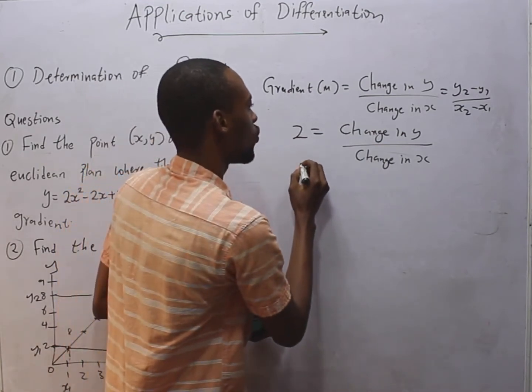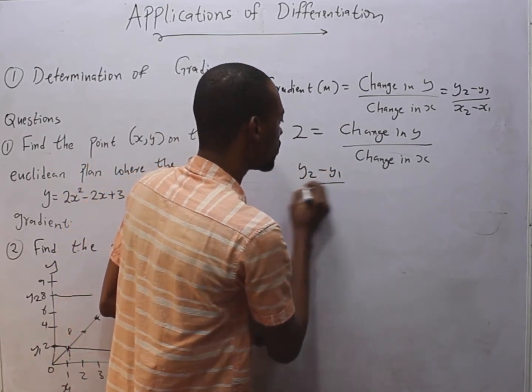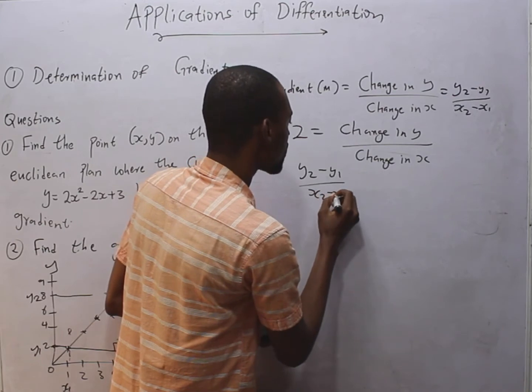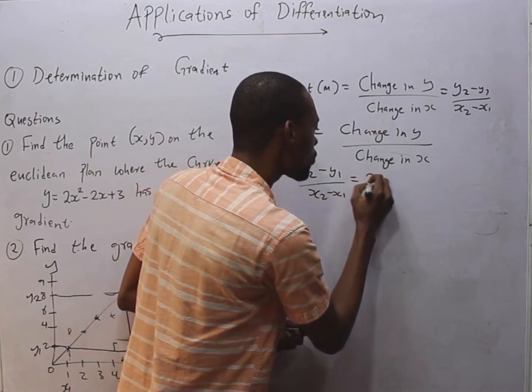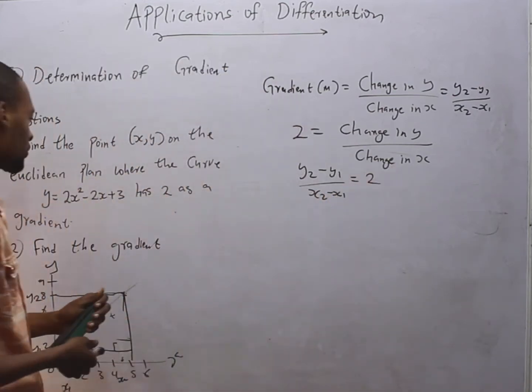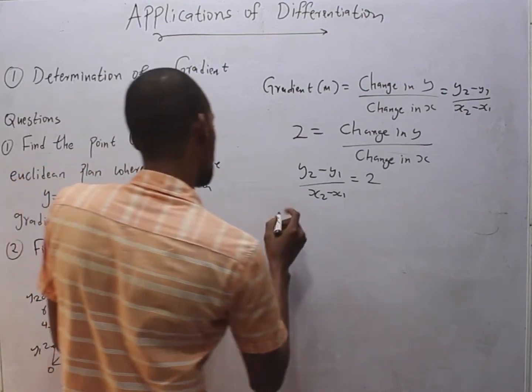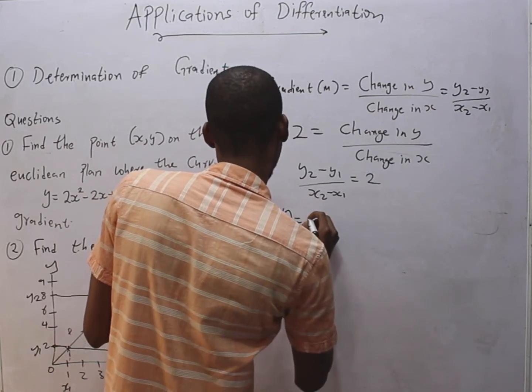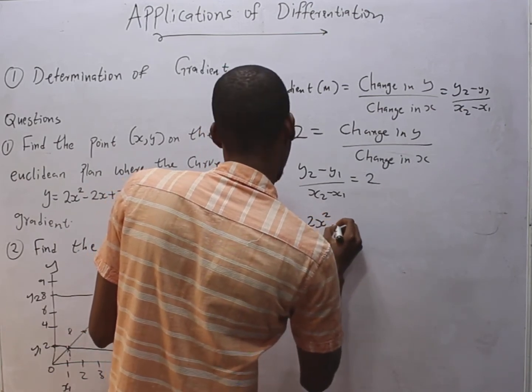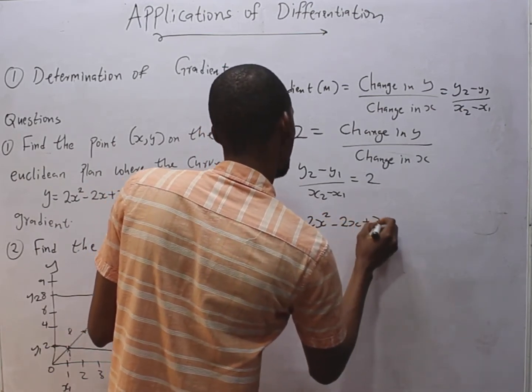Or y2 minus y1 over s2 minus s1 is equal to 2. Now let's continue. Where the curve, this is the curve. So the curve is when y is equal to 2s squared minus 2s plus 3.